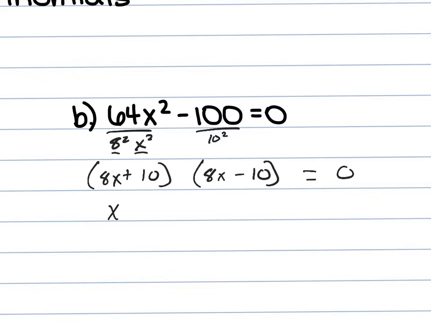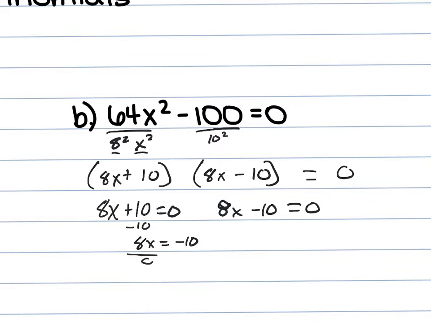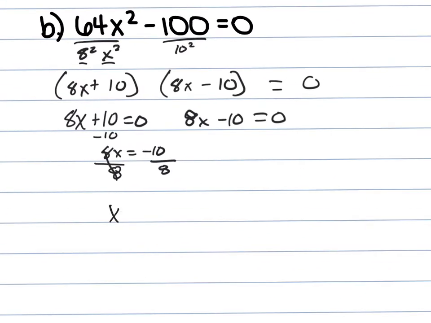Then we're going to go from there. 8x plus 10 equals 0, and 8x minus 10 equals 0. We are going to subtract 10 over here, and we get 8x is equal to negative 10. Divide by 8, and we get x is equal to negative 5/4.